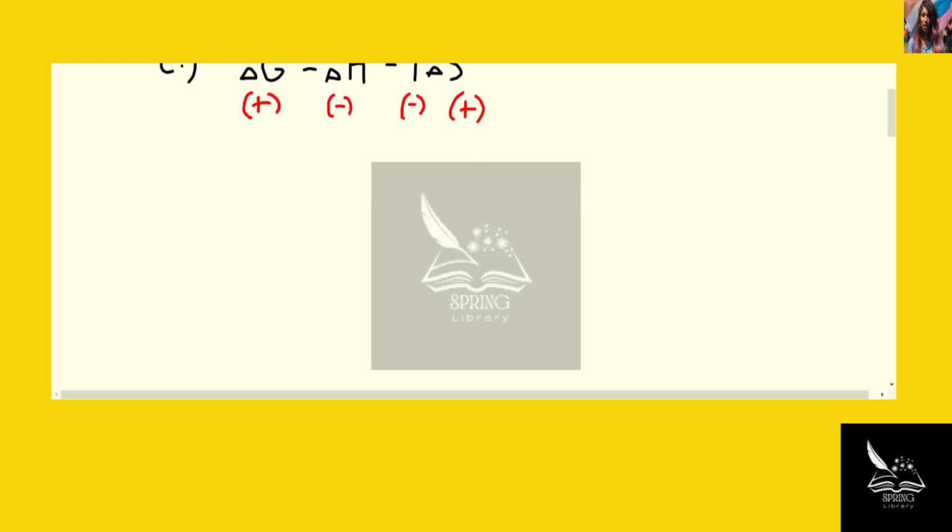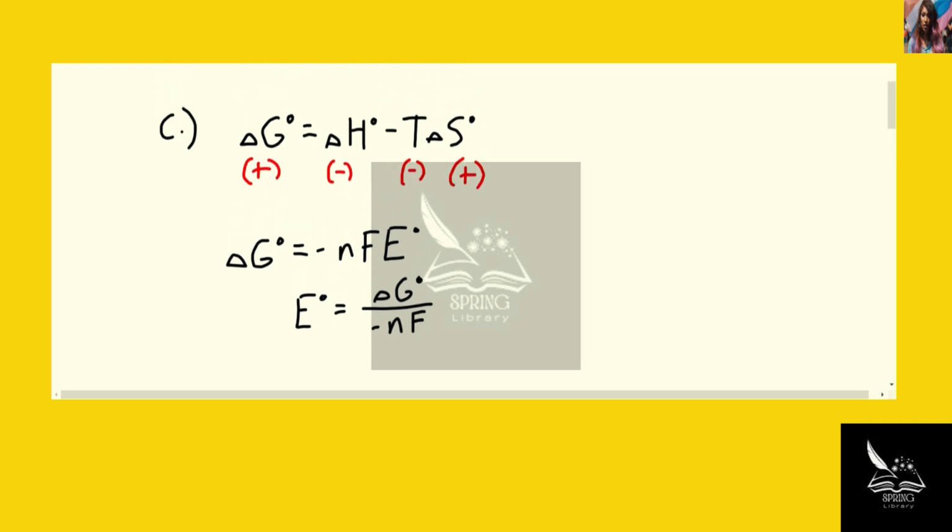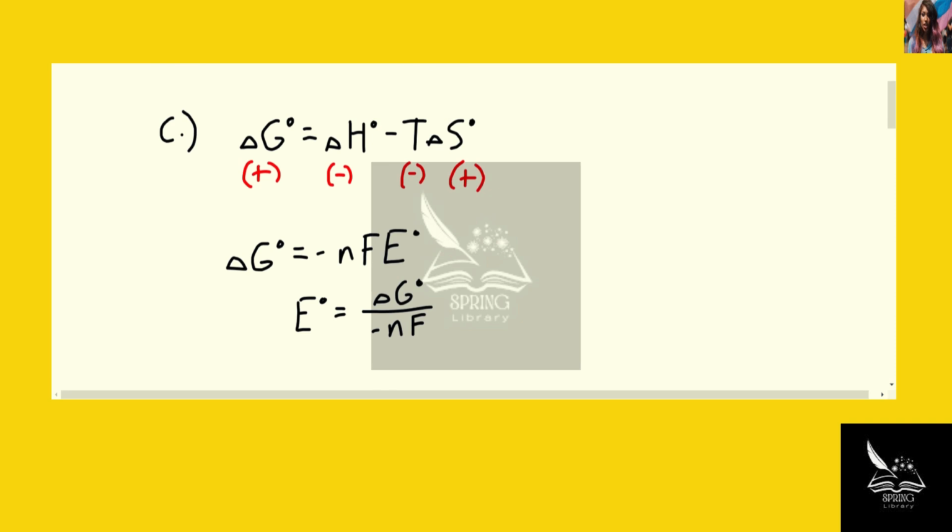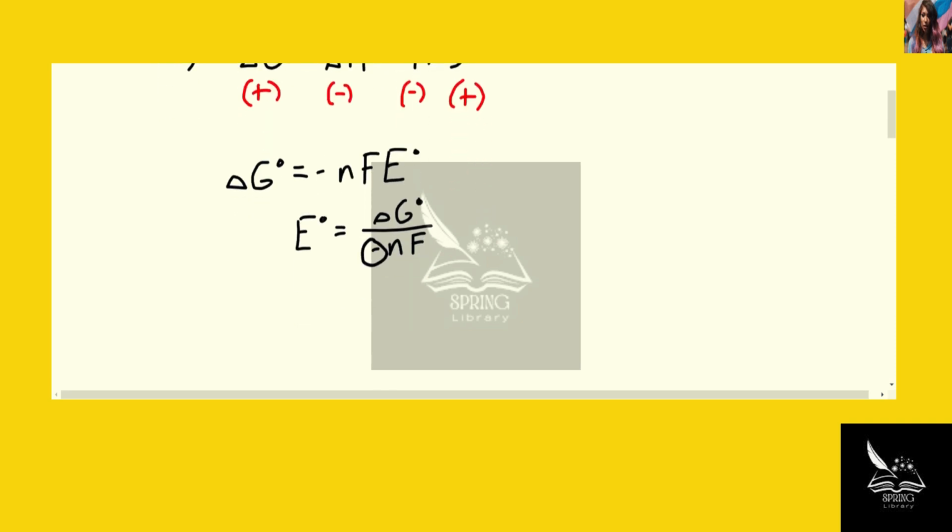And now we know that delta G is equal to negative nFE. So that E is equal to delta G over negative nF. We just saw that when we decrease the temperature, we increase delta G. And based on this negative sign and this equation, when we increase delta G, we decrease the cell potential.